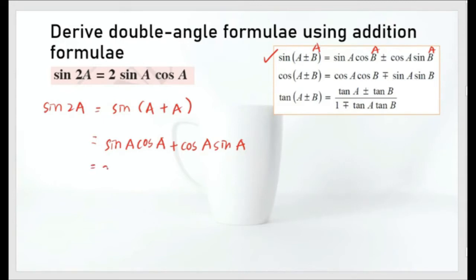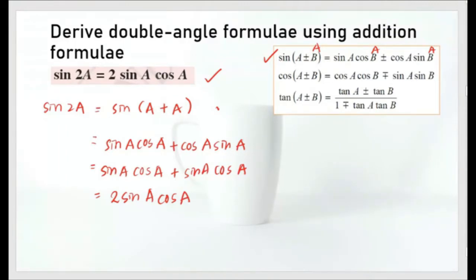So we just change the sequence, and this equals sine A cos A plus sine A cos A. Since they are the same, we just sum up. So we get 2 sine A cos A. So we get the first formula: sine 2A equals 2 sine A cos A.